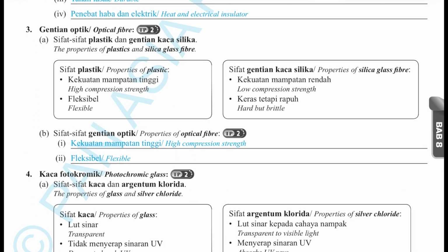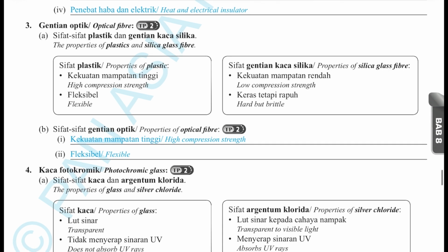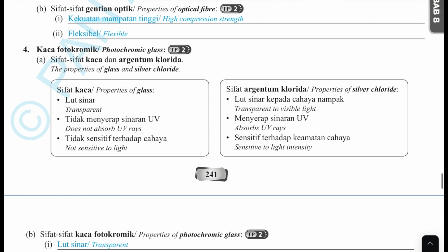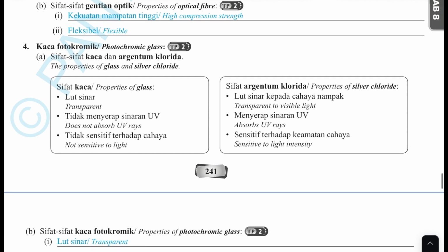Okay, optical fiber. The properties of plastic and silica glass fiber. Properties of plastic, high compression strength, flexible. Properties of silica glass fiber, low compression strength, hard but brittle. Properties of optical fiber, high compression strength, flexible. Photochromic glass. The properties of glass and silver chloride.